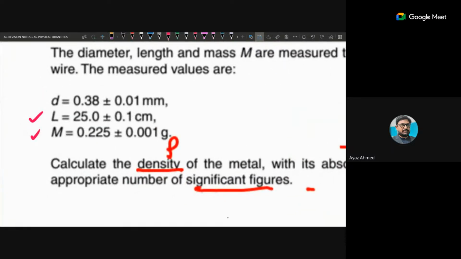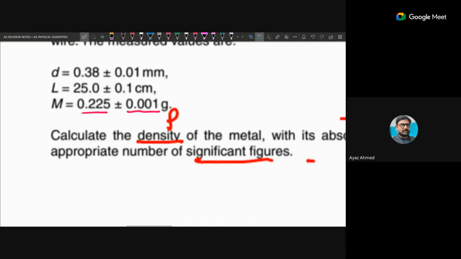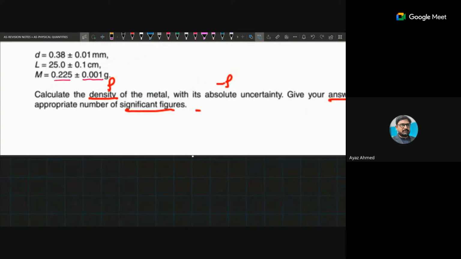In diameter, d is 0.38 plus minus 0.01 millimeter, length 25 centimeter with absolute uncertainty 0.1 centimeter, and then mass is given as 0.225 plus minus 0.001. Calculate the density of the metal with absolute uncertainty delta D, and give your answer to an appropriate number of significant figures.